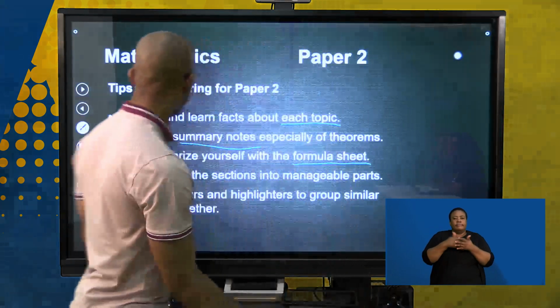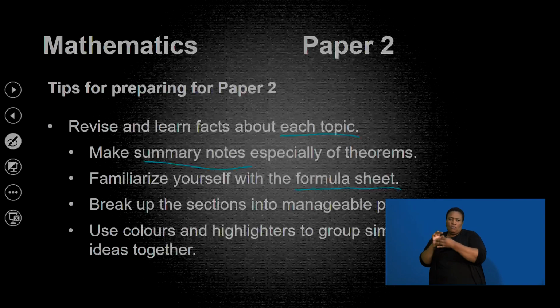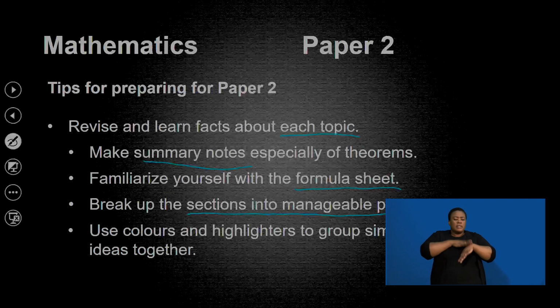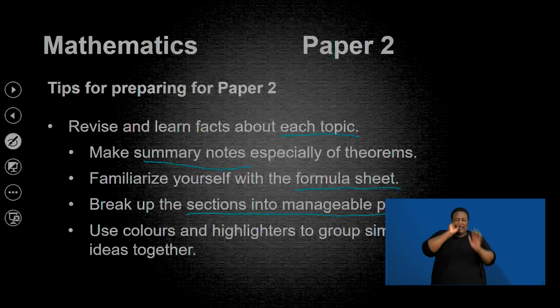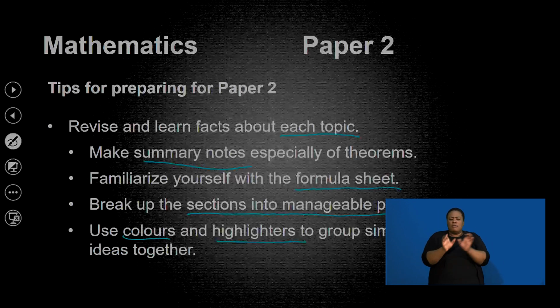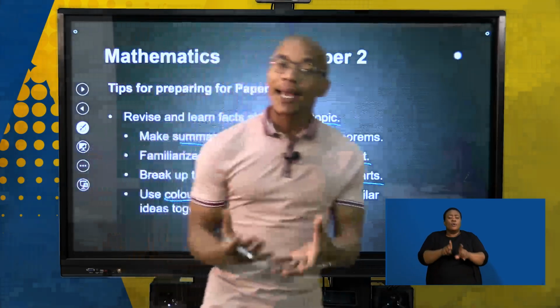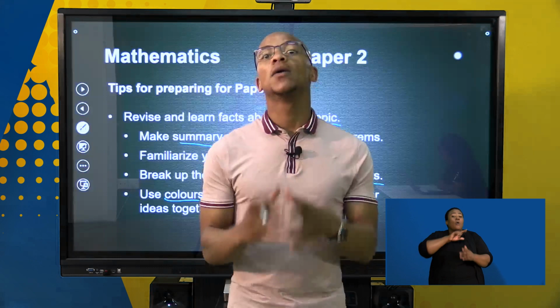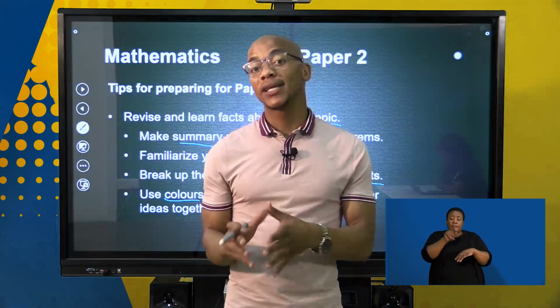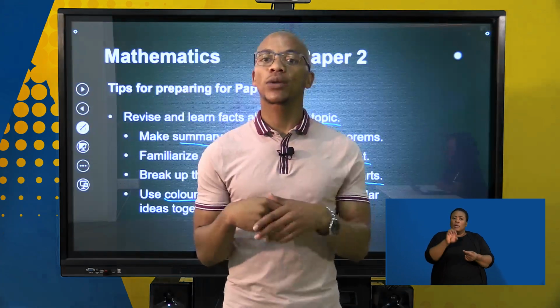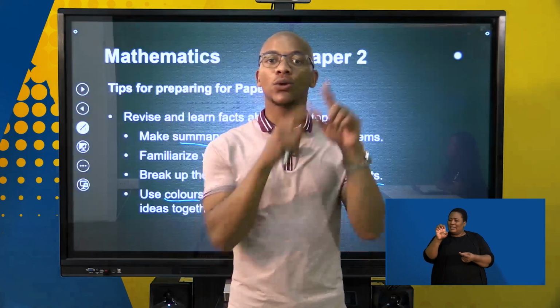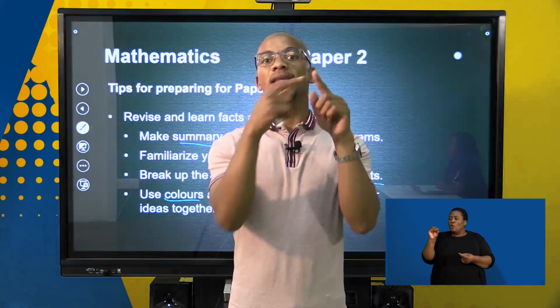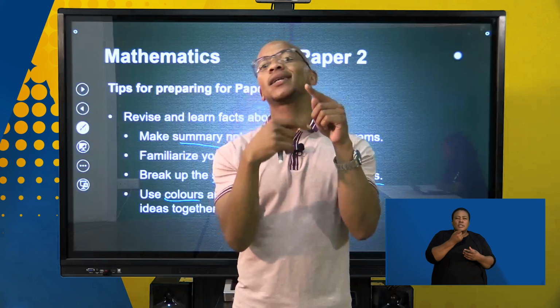And also, remember to break up the sections into manageable parts using links between those parts. Use colors and highlighters to group similar ideas. Highlighters and colors come in handy, especially when you are doing Euclidean geometry, because you need to show that the red means all those angles are equal, and then maybe on the red you add a blue.